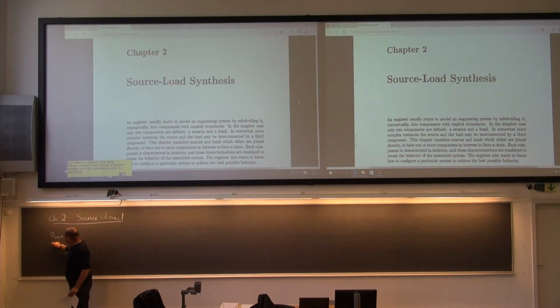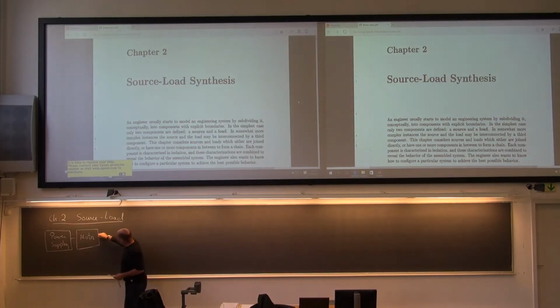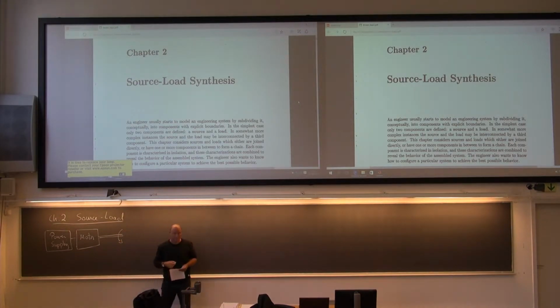You have some supply. Could be a battery, could be something that produces energy that now provides driving a motor like this. And out of the motor you will have a shaft which then will rotate.